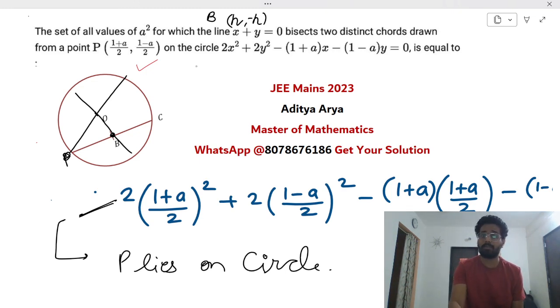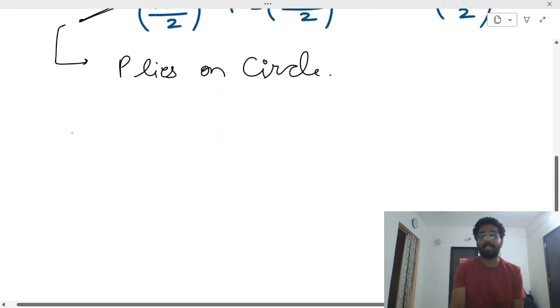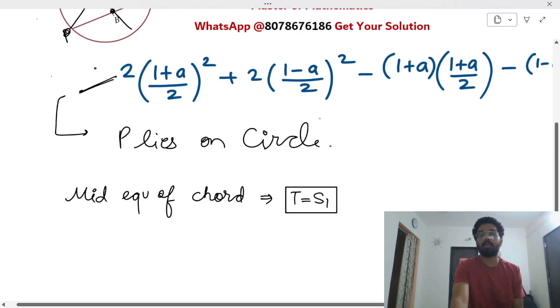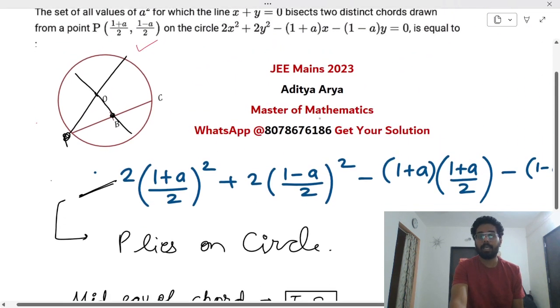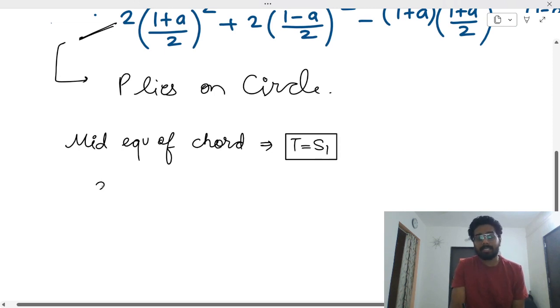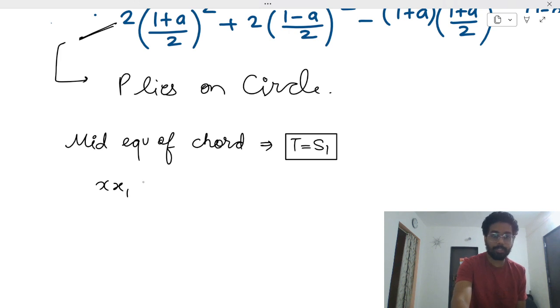Now, what is the benefit of it? Those who do not know, the midpoint equation of the chord is T equals S1. All right guys, T equals S1. So over here, what is T? It is x x1 plus y y1, that equation.